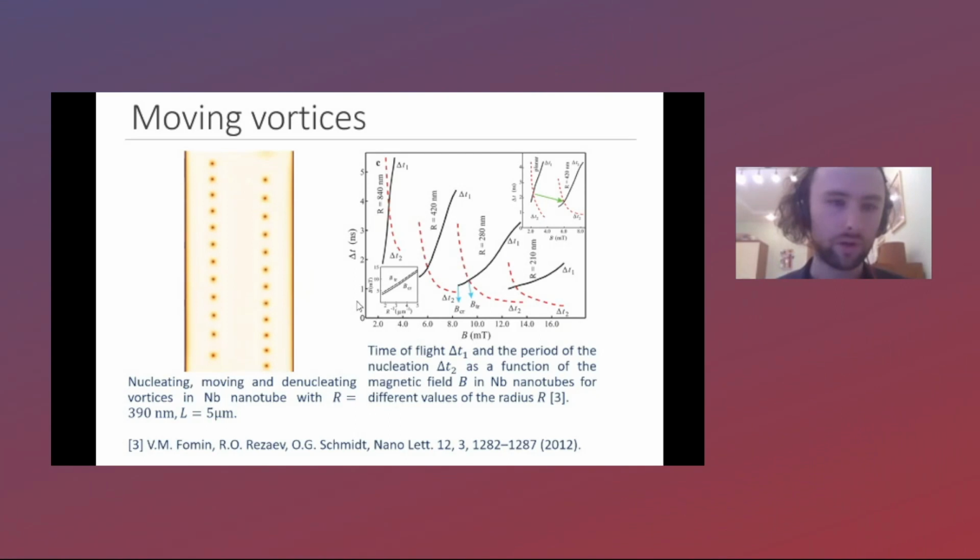First of all, vortices are nucleating at one side. They are moving along the nanotube and denucleate on the other side.